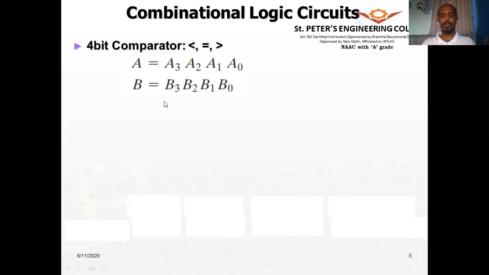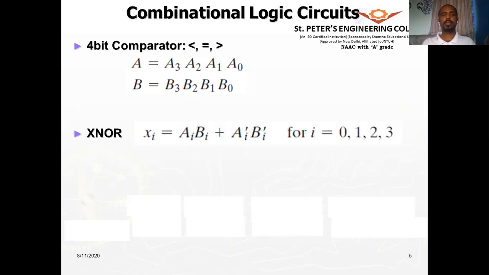Therefore, for any equality condition, we consider the XNOR operation. The output of a two-input XNOR gate is AB or A complement B complement, right?